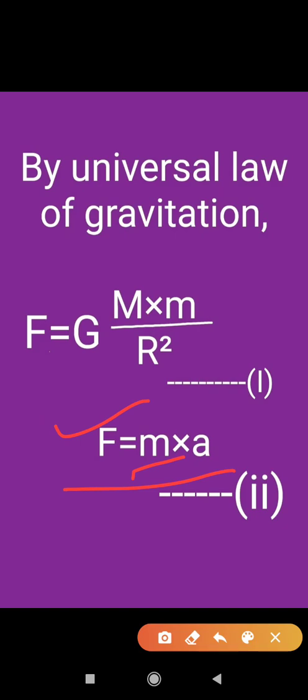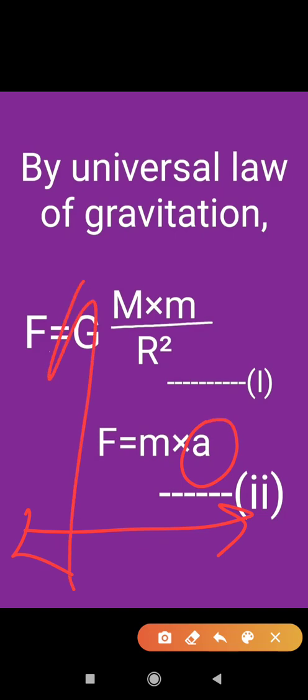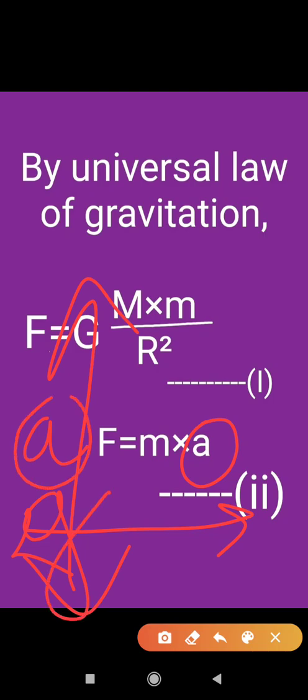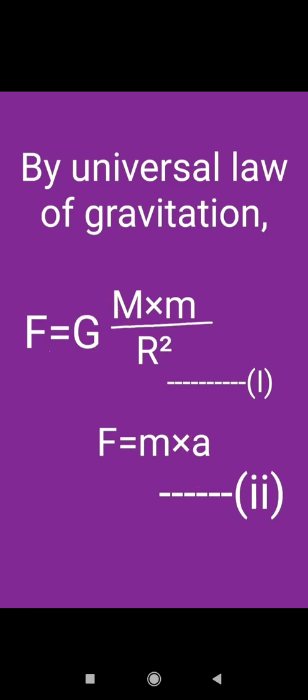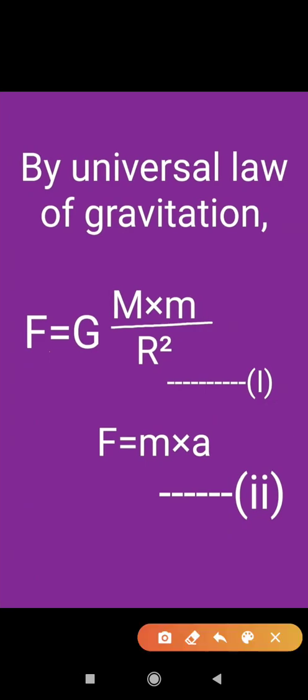One more thing: if we are considering motion in a straight line, then a, if it moves vertically, will be converted into g. This is acceleration due to gravity. So we can use a or g accordingly. Both the terms we got, one is equation 1 and one is equation 2. This is equal to F, and this is also equal to F.